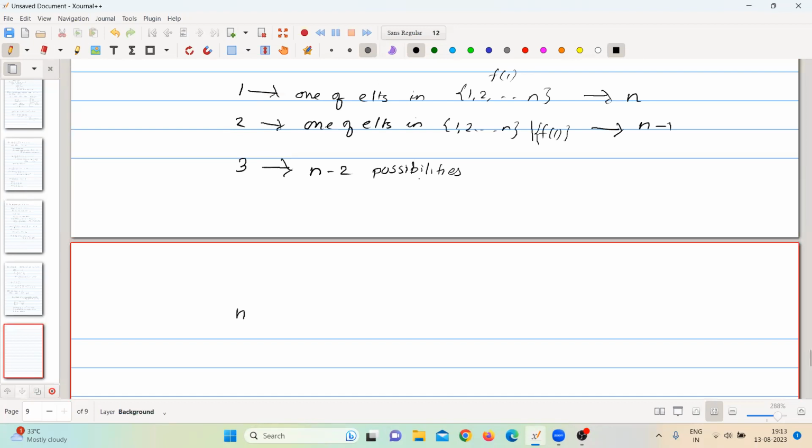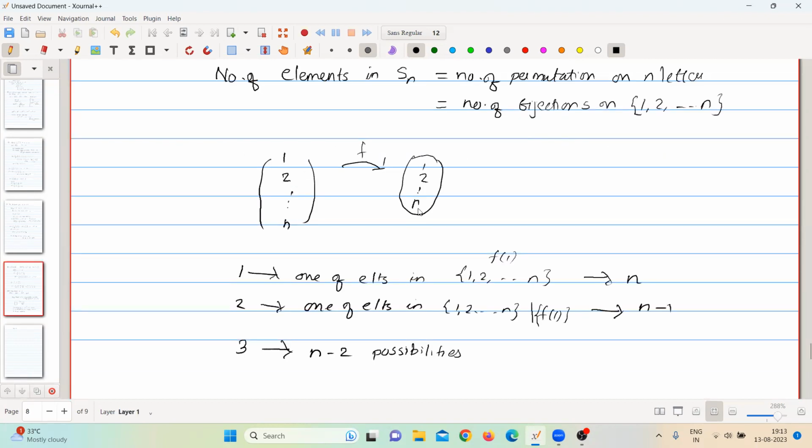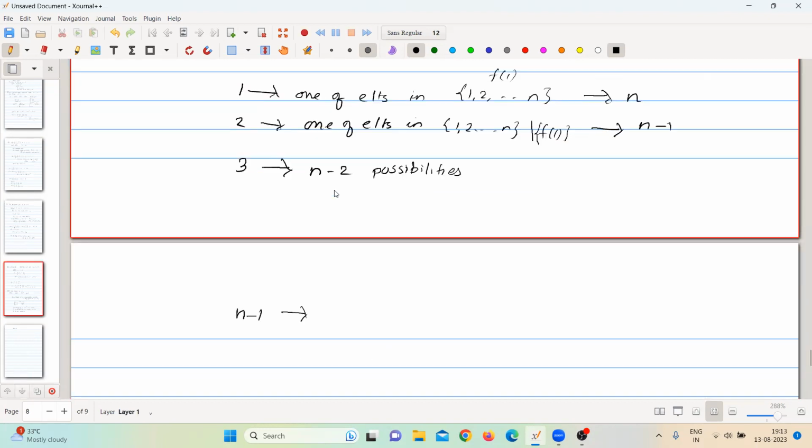In the same way, f is from 1 to n to 1 to n, and I am taking the element n minus 1.